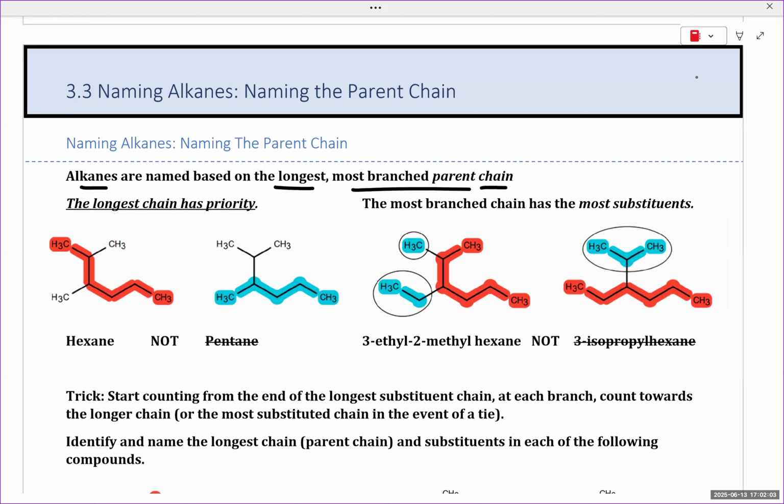So for example, if we compare two possible ways to name the following compound, we're going to select the following chain as the parent chain because it has 1, 2, 3, 4, 5, 6 carbons. So it's the longest chain. So this would be a hexane main chain. We'll talk a little bit about how to construct the full name, but just for your reference, this would be 2,3-dimethylhexane.